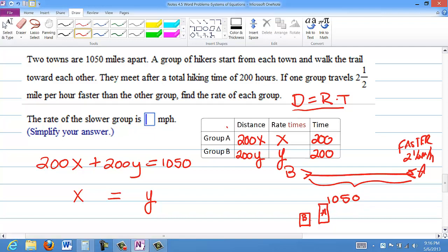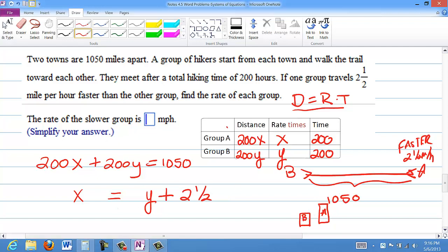So that tells me to make these equal, I'm going to have to do something to one or the other. So I said group A was faster, and group A for my work is x. So if these guys are faster, and I want to make the slower group equal, I would have to add to the slow group the extra 2.5 miles an hour.